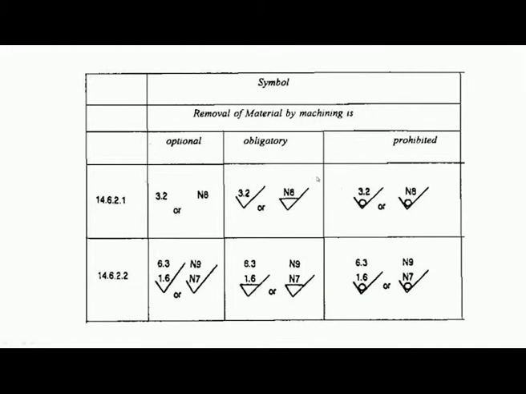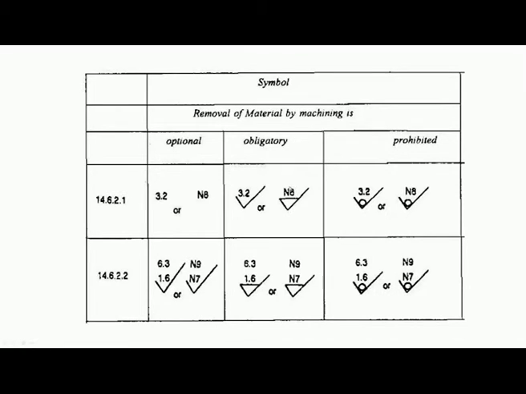And these are some other types of indication as per the ANSI standards. So you can see here the removal of material by machining is optional. We can remove by machining or otherwise, and here it is obligatory, since we have this bar and the preparation of the surface is required by machining operation.